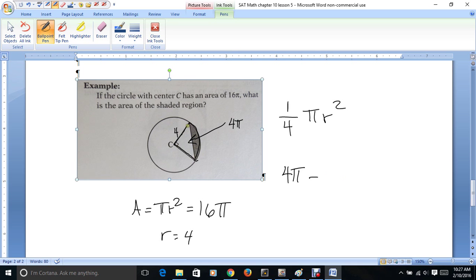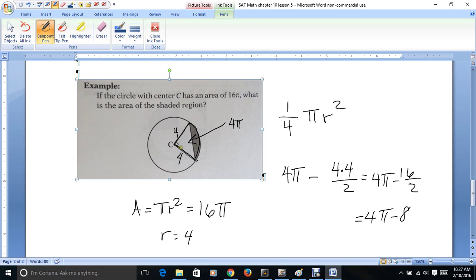So I'm going to subtract the area of that white triangle, and that I know now because I figured out before that the radius is 4, so the sides of that triangle are 4, so that's 4 times 4 over 2. That's the area of that white triangle, so 4 pi minus 16 halves, which is 4 pi minus 8. So that would be the area of just the shaded part.